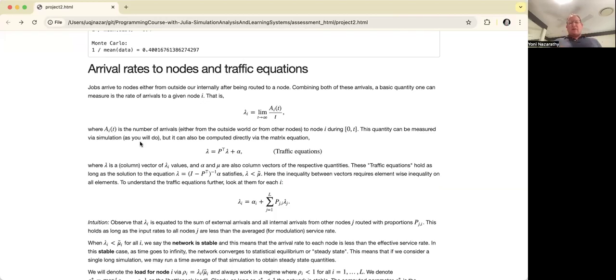Now, when you get to such a network, you have something called the traffic equations for the network. And we actually give you code for these traffic equations. So you want to understand the traffic equations, but you don't really have to program anything associated with them. So what are traffic equations? Traffic equations just say, what is the flow rate of jobs in a queue or in a server or in a station?